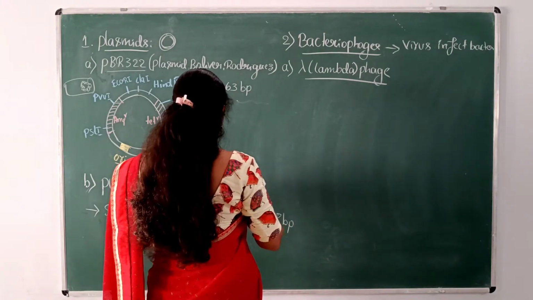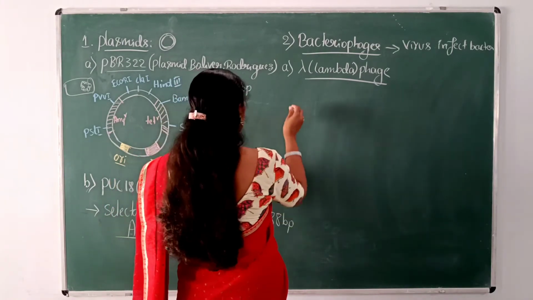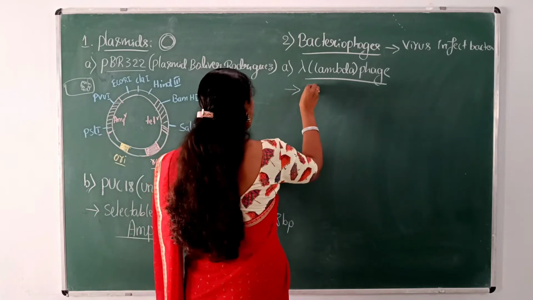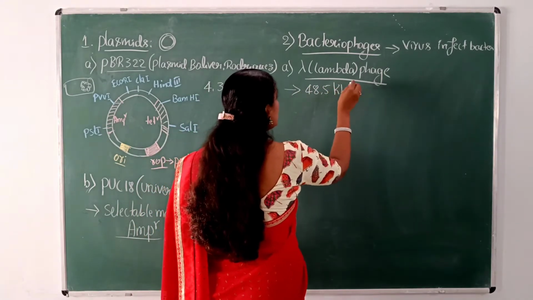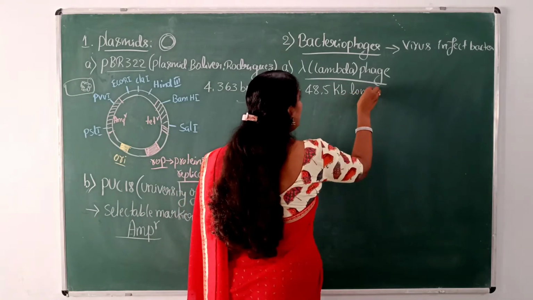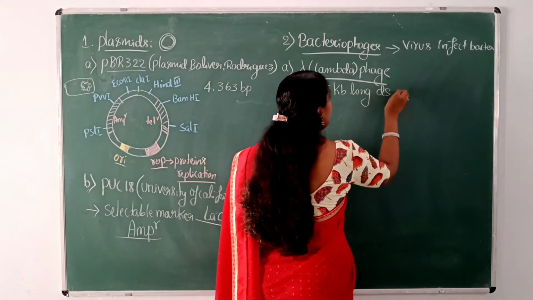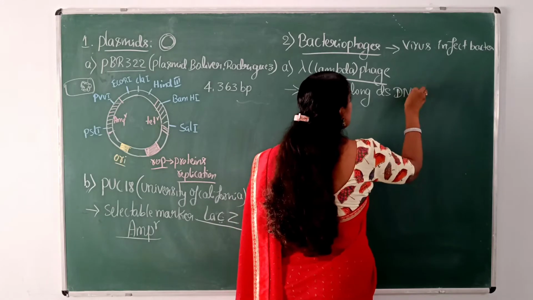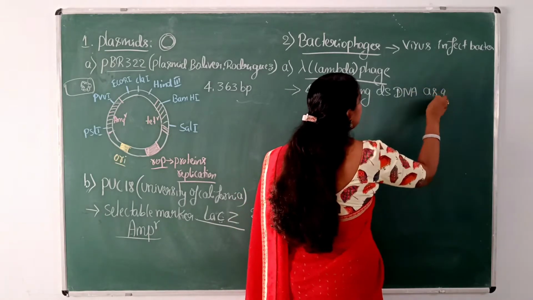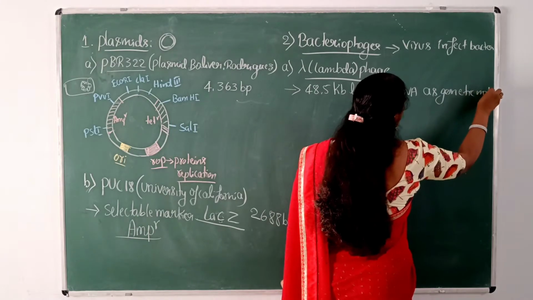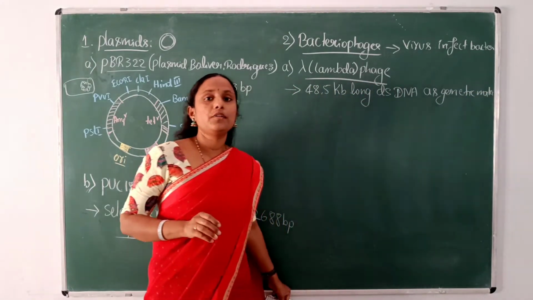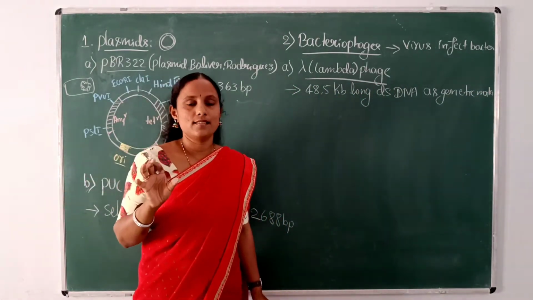Lambda-phage is a bacteriophage having 48.5 kilobase pair long double-stranded DNA as genetic material. And you should know about the diversity in virus.